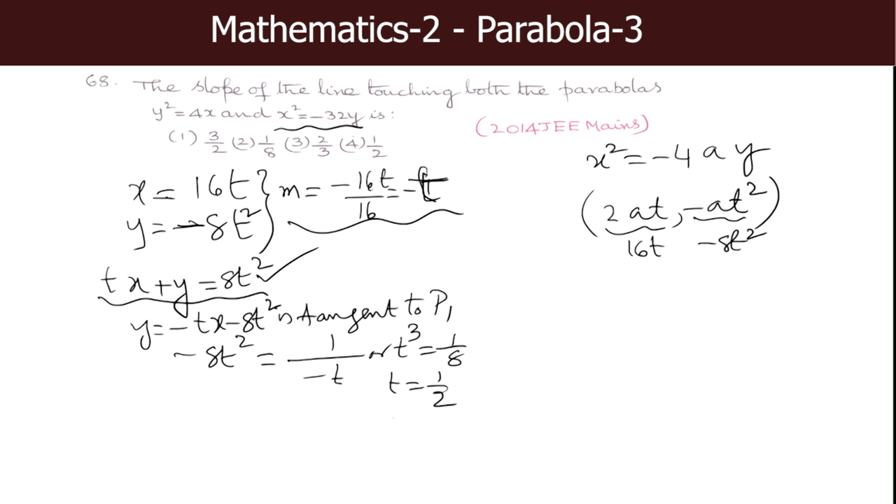Slope of the line touching both the parabolas. So, t cubed is 1 by 8. So, slope is minus t, which is minus 1 by 2.